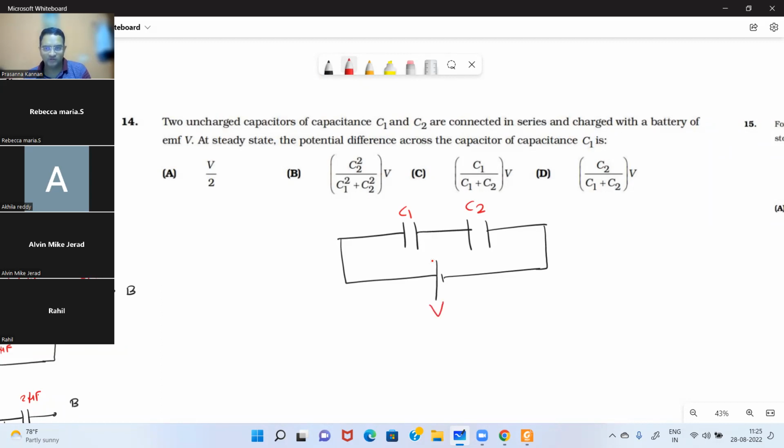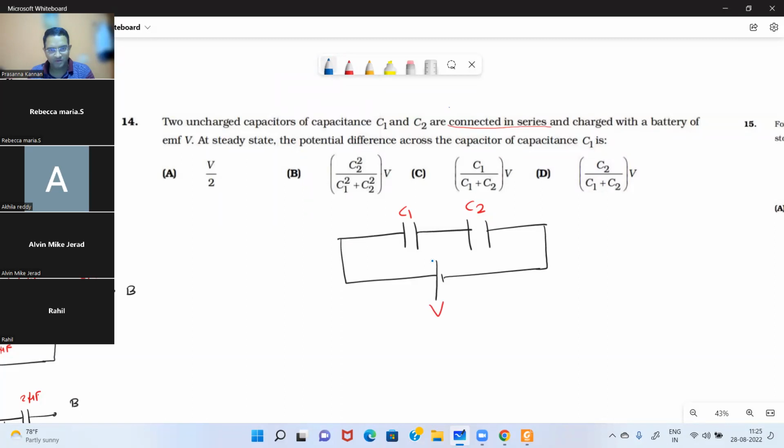Now, this is what kind of a circuit? The capacitors C1 and C2 are connected in series. So, what will be same in that circuit? And what will be different for two capacitors? What can you say about the charge on both capacitors?